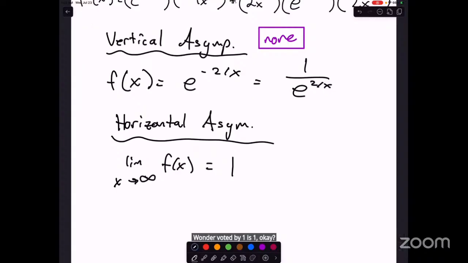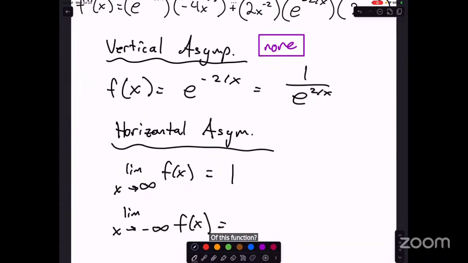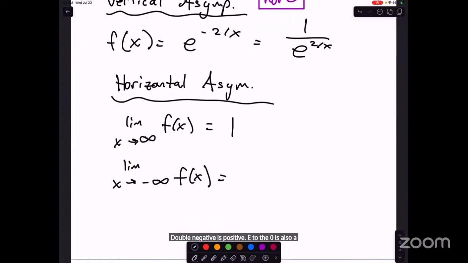Then let's also consider the limit as x goes to negative infinity of this function. If x is going to negative infinity, the double negative is positive, and e to the 0 is also a 1 still. So as we go off to the far right or the far left, it looks like the function approaches 1.